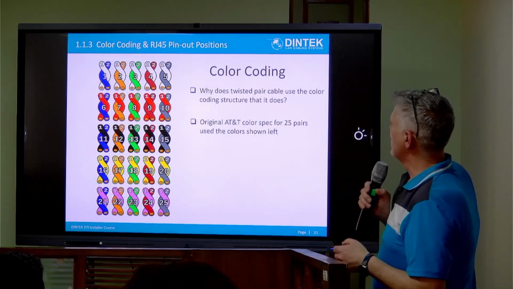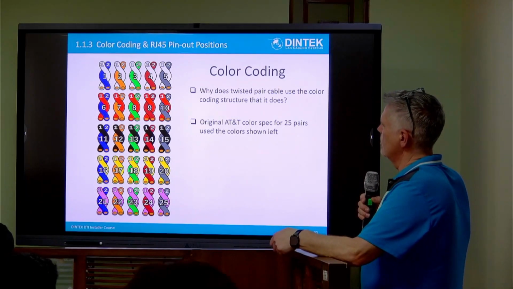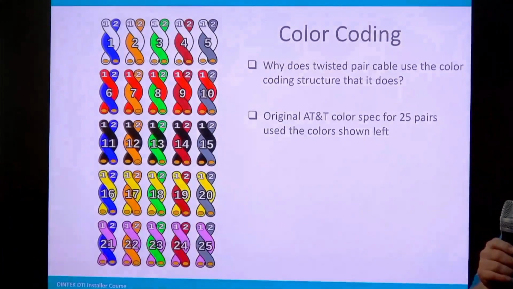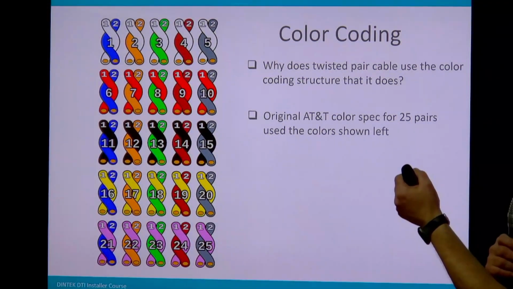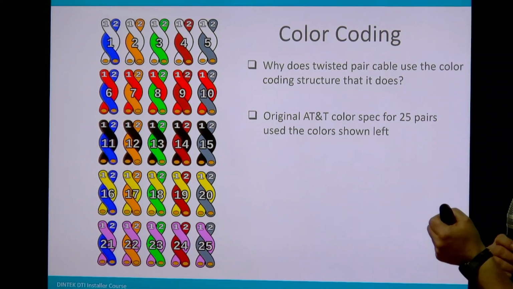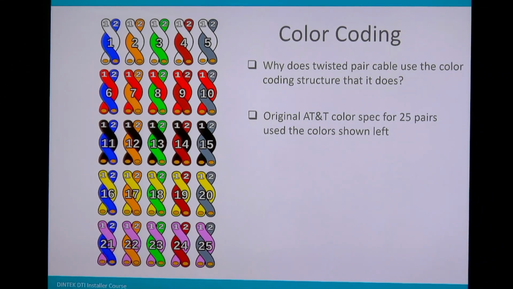What you will notice is that the first pair is blue. But on an RJ45 plug, if you look at it, it might lead with the orange pair, or it might lead with the blue pair, green pair, depending whether it's 568A or 568B.